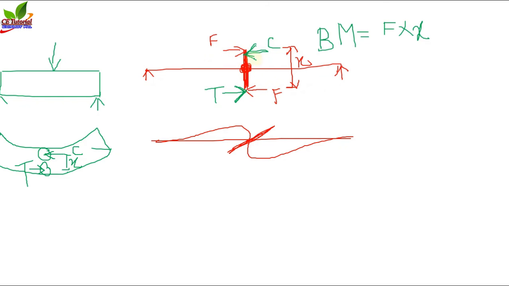This moment created by the beam will be equal to C multiplied by X, or we can say moment equals T multiplied by X. So you can see this C or T is nothing but F, and the distance is X.